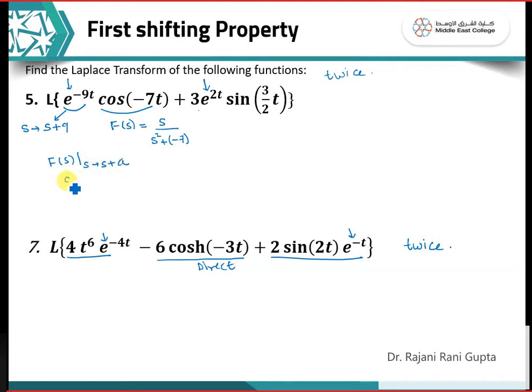So it is s over s square plus (minus 7) power 2, where s is replaced by s plus 9. So this will give you s plus 9 over (s plus 9) power 2 plus (minus 7) square, you can write 49.